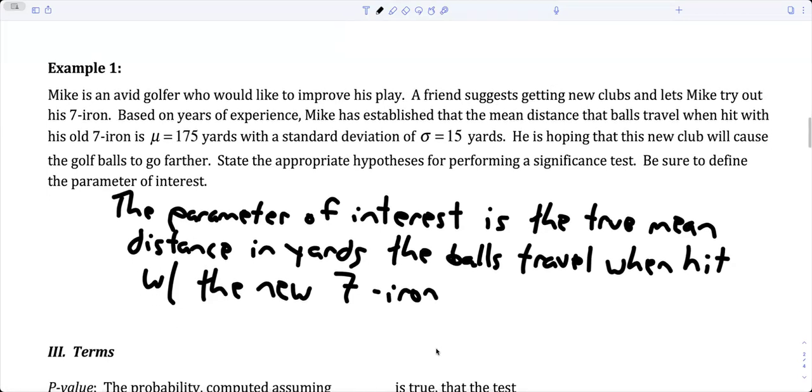In this case, that would be mu, because I'm looking for the true mean.